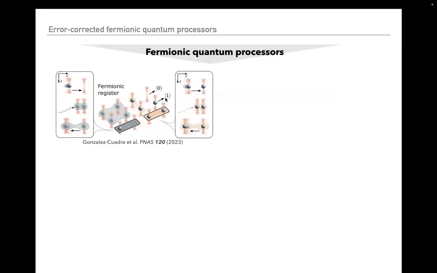It can be filled with an atom, illustrated by this 1. And so if you now have a number of atoms distributed among this set of modes, you essentially realize a fermionic Fock space. And from there you can manipulate the quantum states by all sorts of interactions.